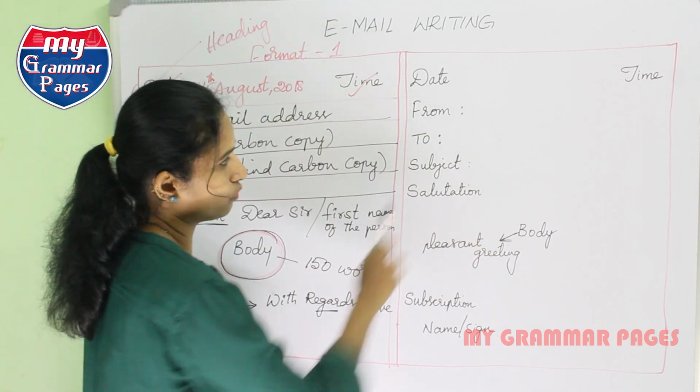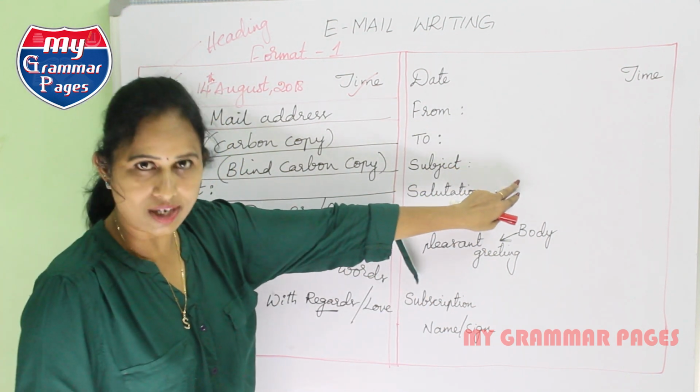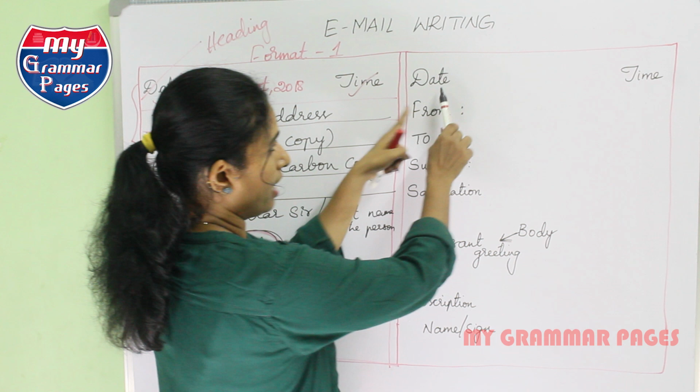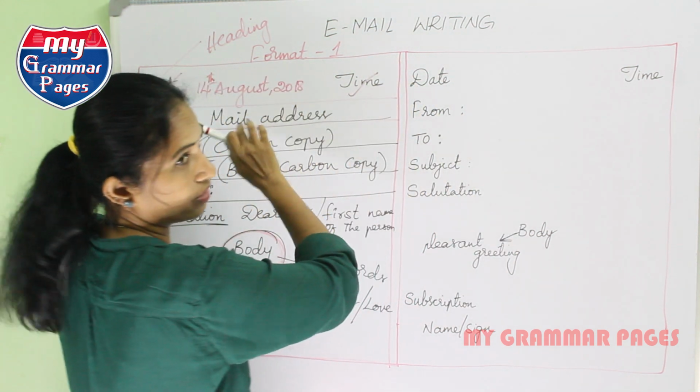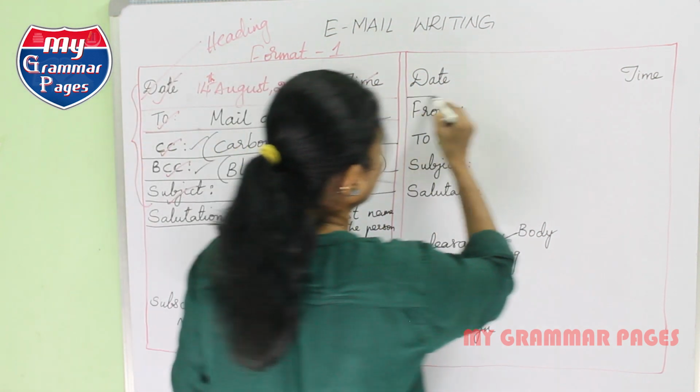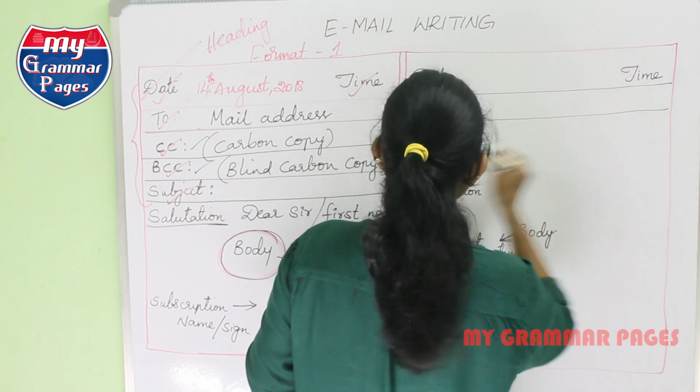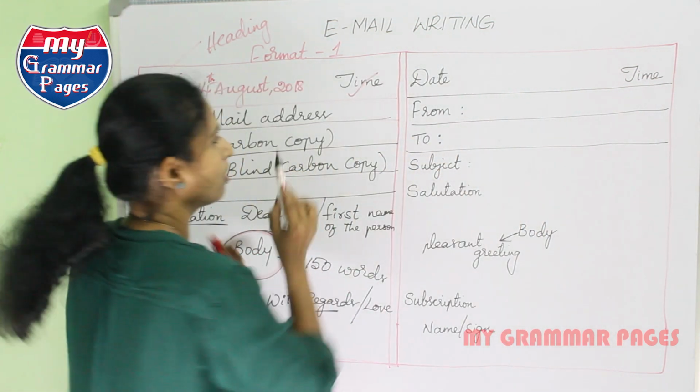And coming to the next format, in which we have to practice the same, like date, time, the same way, from address to address. This is the one which we have missed in the previous format.